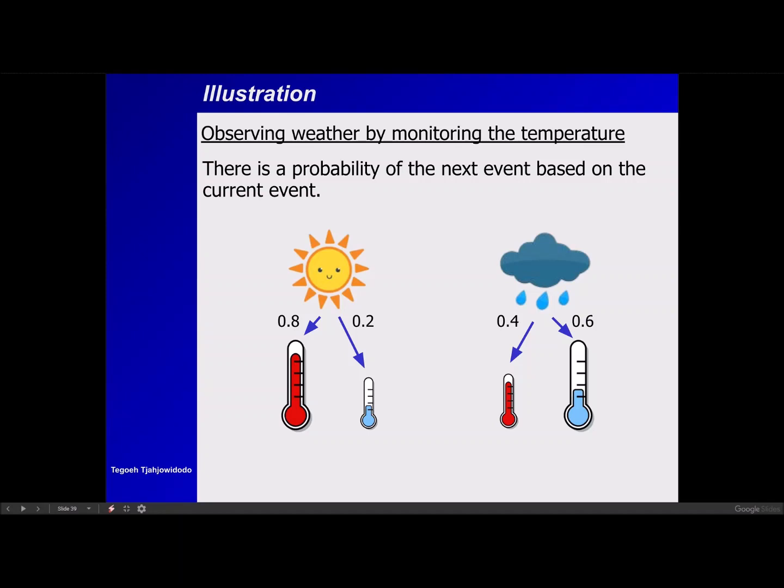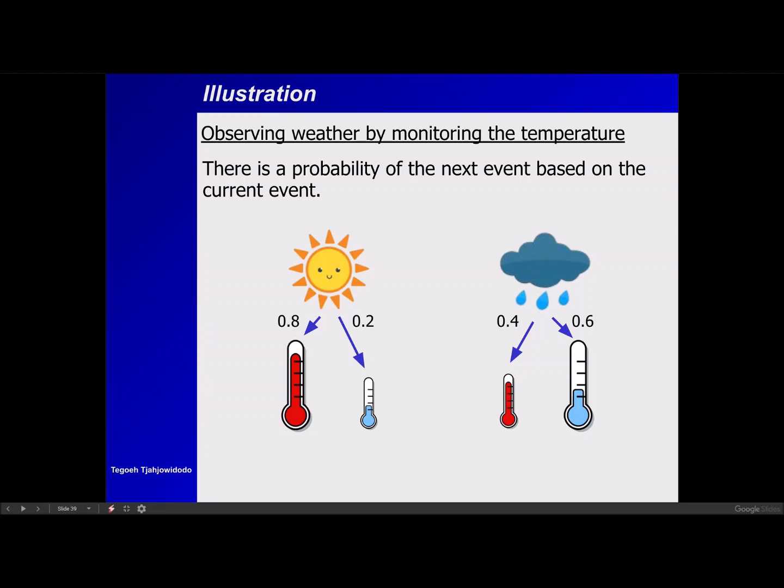But what we are going to do is predict the sequence. So if today is sunny, we are going to predict what will happen tomorrow. If today is rainy, is tomorrow going to rain, or will tomorrow be sunny?